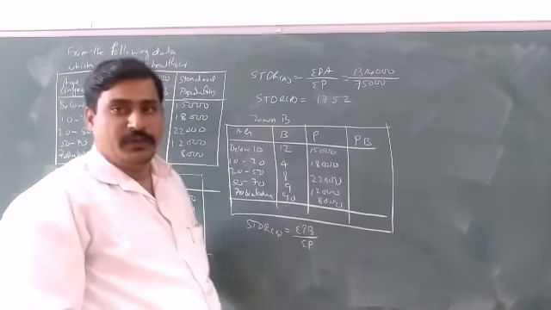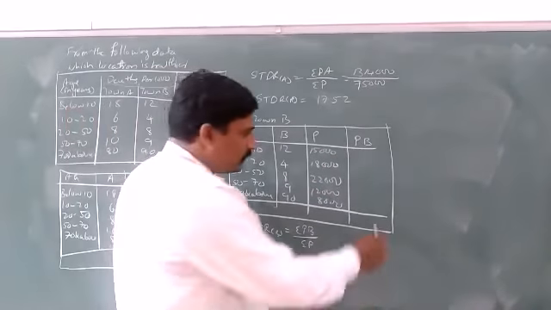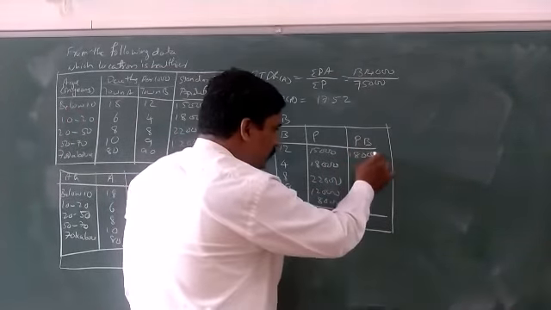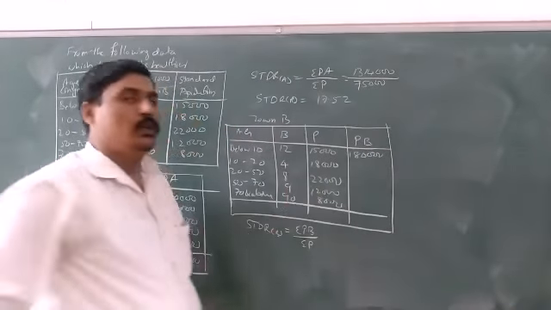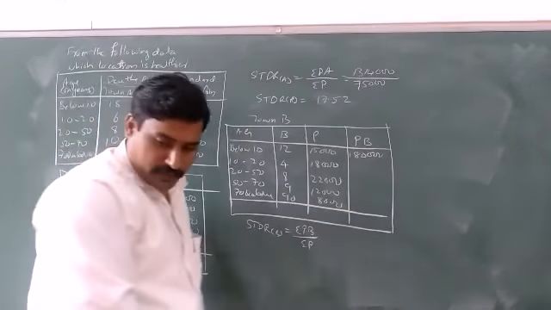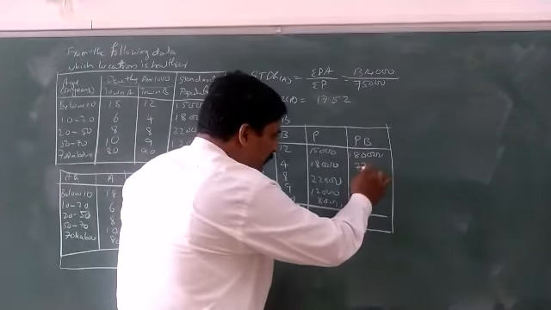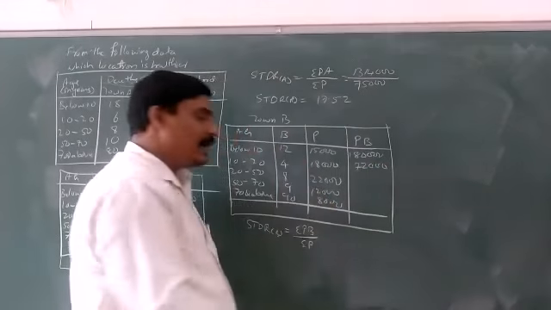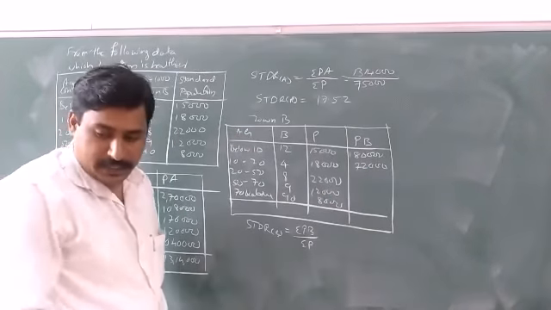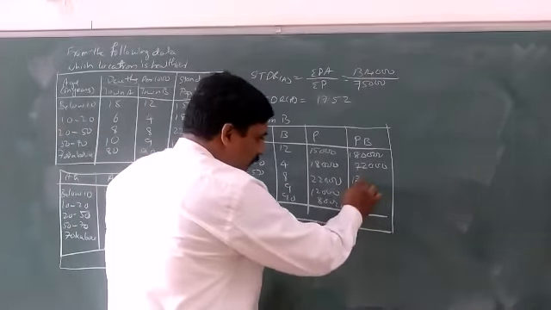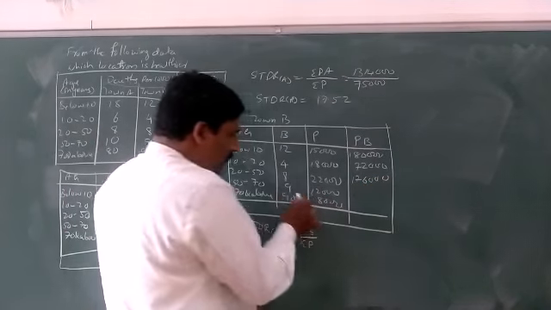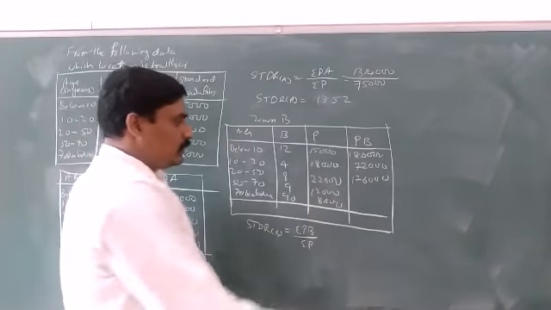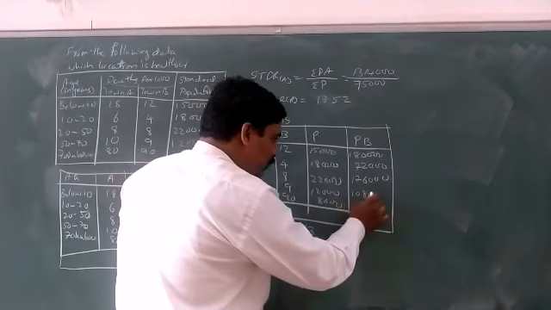So 12 into 15,000 is 1,80,000. Next 4 into 18,000 is 72,000. Then 8 into 22,000 is 1,76,000. Next 9 into 12,000 is 1,08,000.